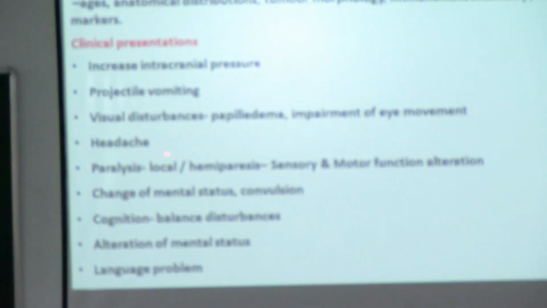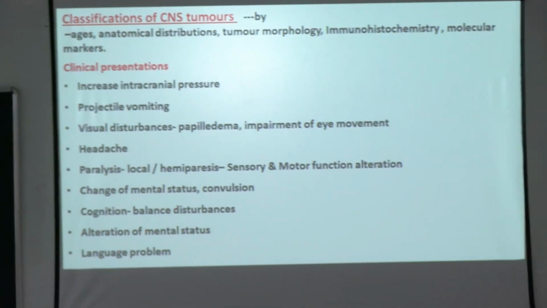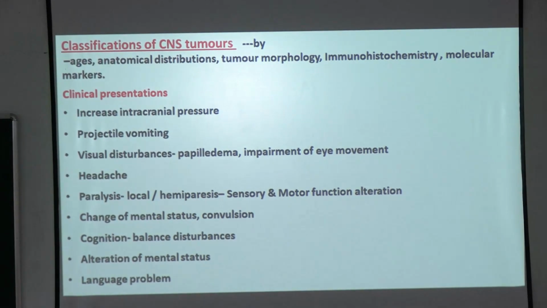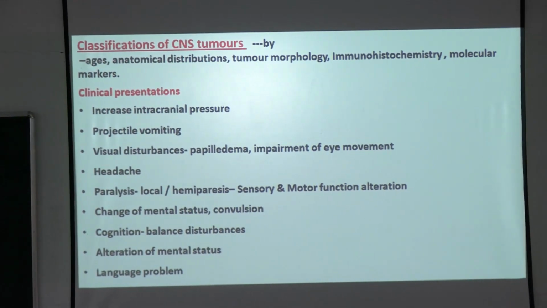They have paralysis or paresis, locomotion or balance abnormality, alteration in mental status, and local hemiparesis due to the vital structure affected by the tumor.